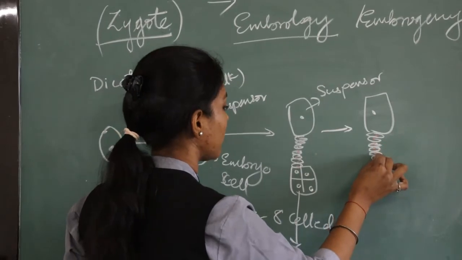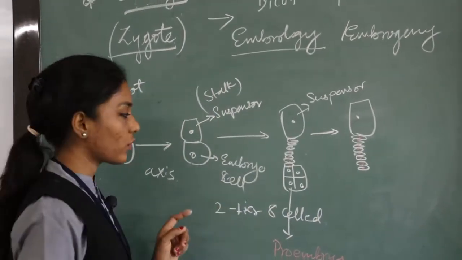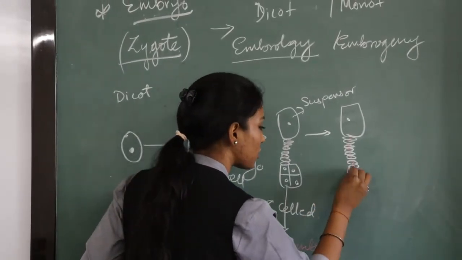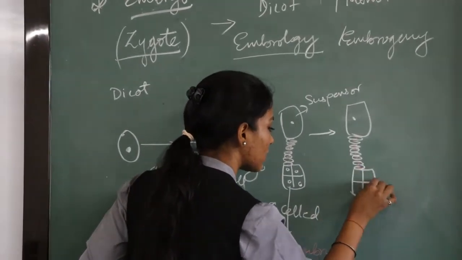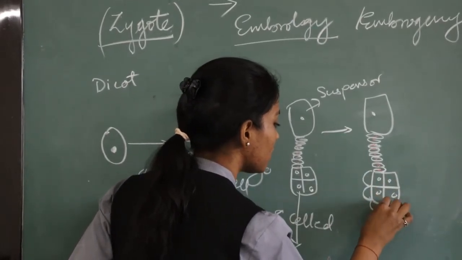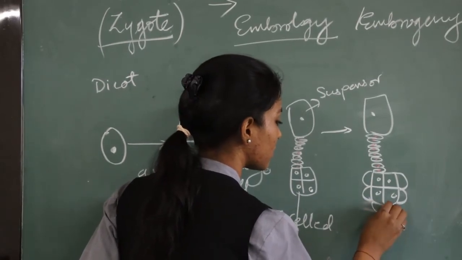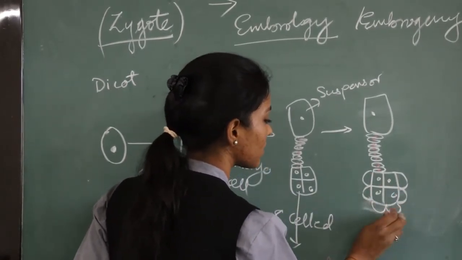Please see the diagram and then you can match it with the diagram given in your textbook. Again this grows like this, 1 2 3 4, 1 2 3 4 5 6.